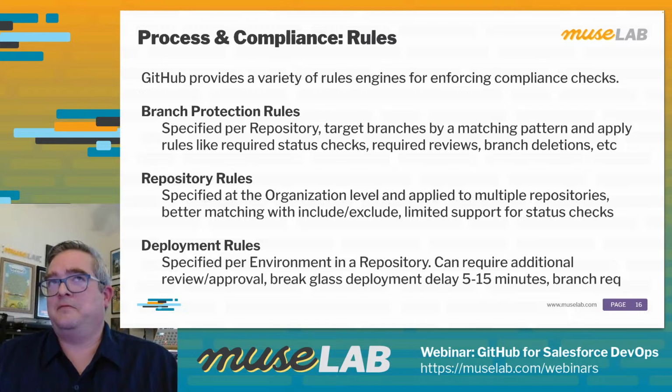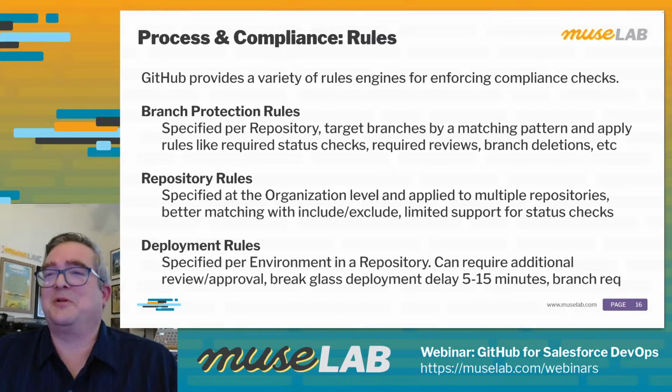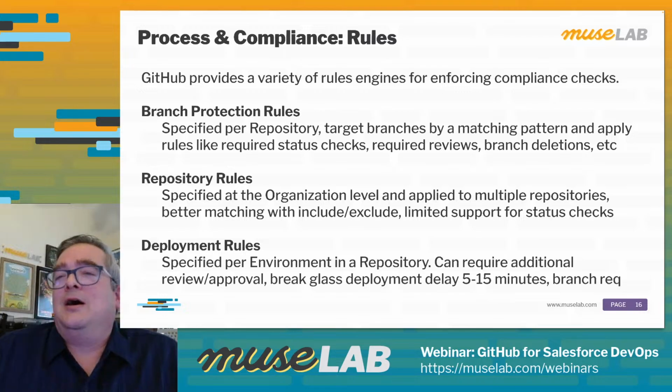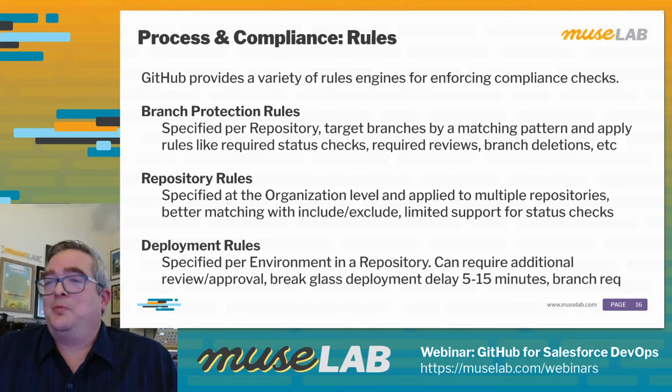In the middle of one of my current client engagements that I'm wrapping up, early fall of last year or something like that, GitHub came out with this new feature, repository rules, or I think it's repository rule sets actually. And these are really cool because for the project I was working on in particular, we had 15 GitHub repositories that we were rolling out a DevOps process across each repo.